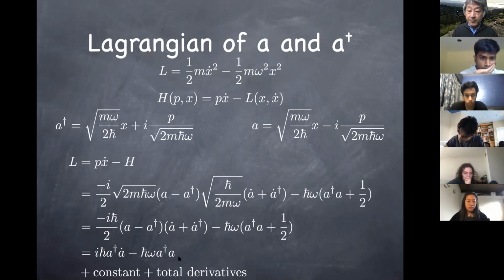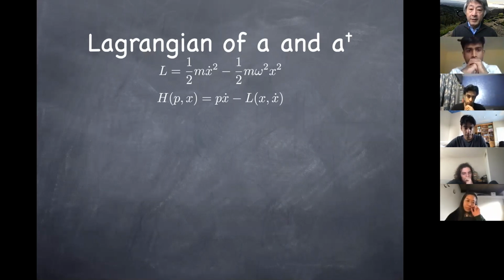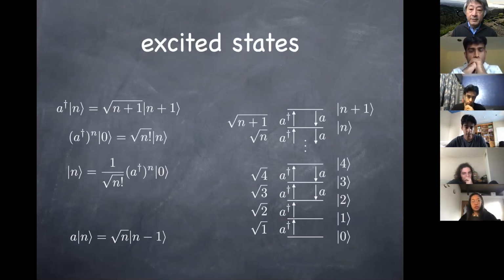And this form is actually very useful because the first term tells you that the derivative of the Lagrangian with respect to A dot is nothing but A dagger times i h bar. So the canonical commutation relation immediately tells you that the A, A dagger commutator is 1. So this first term gives you the commutation relation we used on the previous slide a lot.